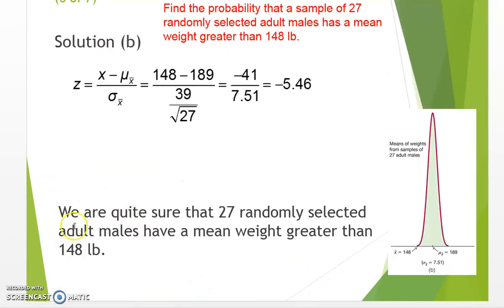So in the next slide, we can say we are quite sure that if you randomly take 27 selected adult males, they are going to have a mean weight that's greater than 148 pounds. So the chance is 100%. That means if you take 27 randomly selected adults, they are going to exceed that capacity.